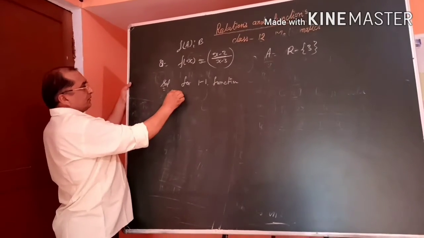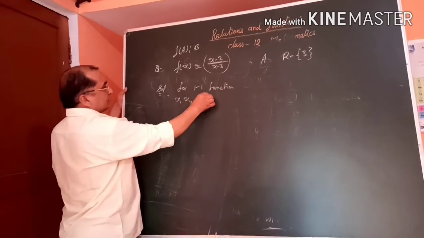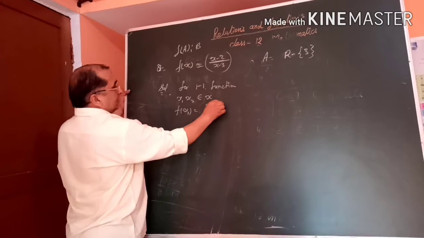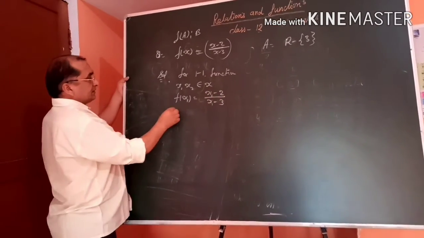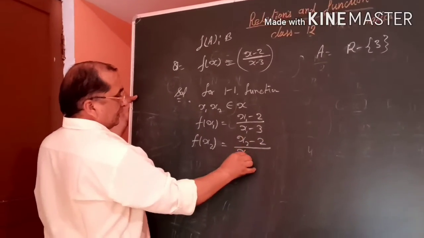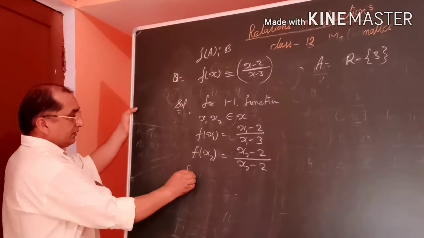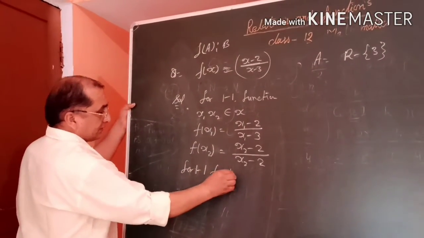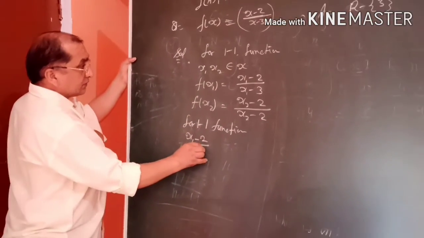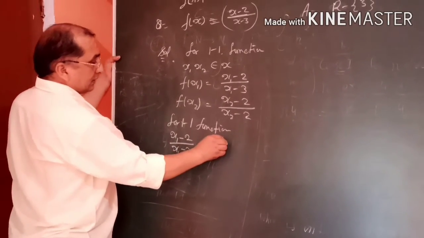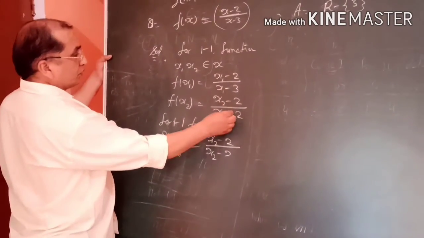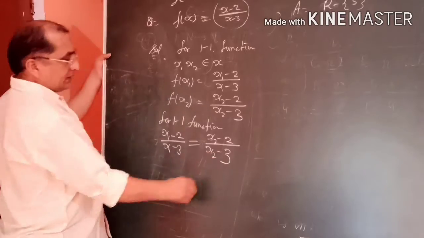For a one-one function, x1 and x2 belong to the real numbers. So f of x1 equals x1 minus 2 upon x1 minus 3, and f of x2 is x2 minus 2 upon x2 minus 3. For a one-one function, x1 minus 2 upon x1 minus 3 is equal to x2 minus 2 upon x2 minus 3.